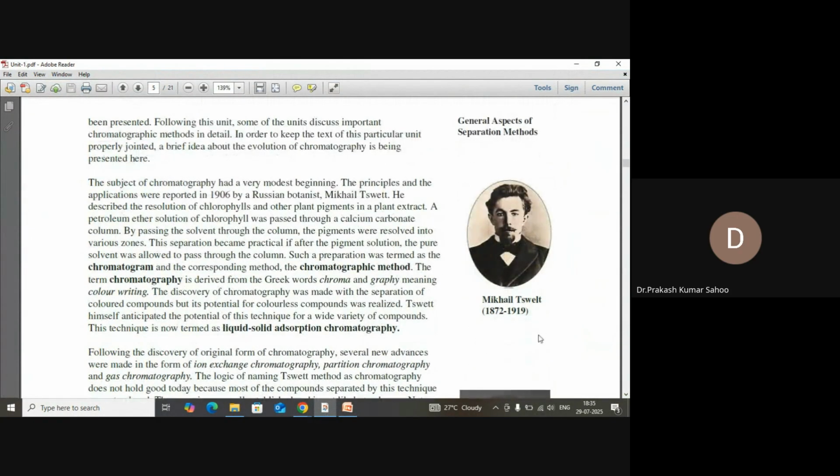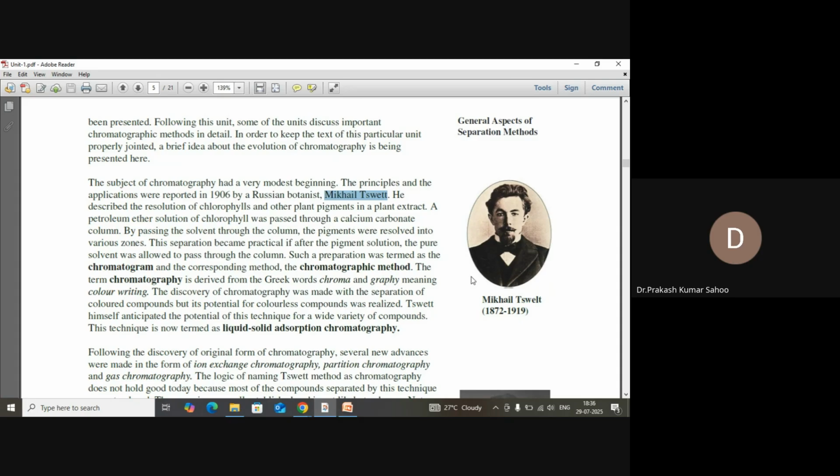Here he is, Michael Tswett. In 1906, the Russian botanist Michael Tswett introduced a new phenomenon of separation, which is known as chromatography. He separated chlorophyll and other pigments in a plant extract by using this technique.